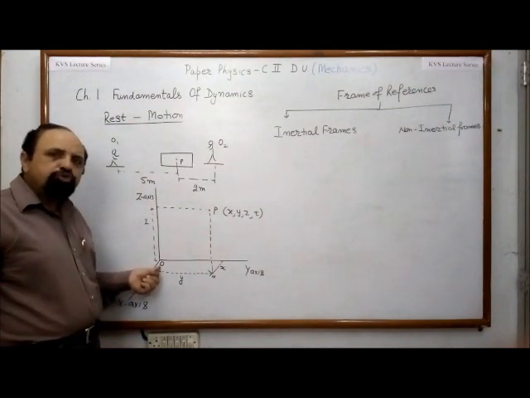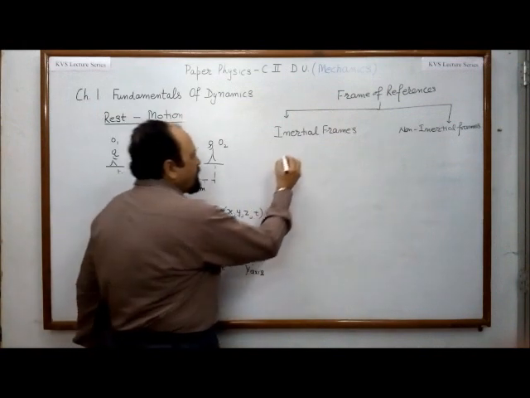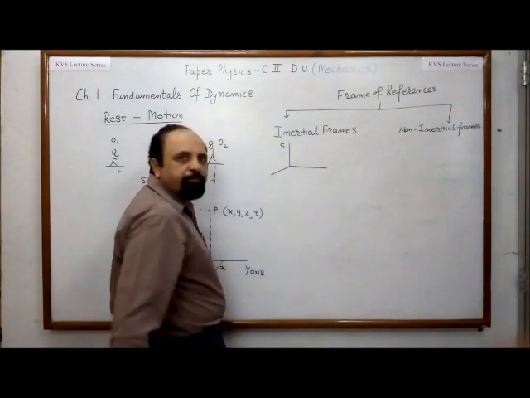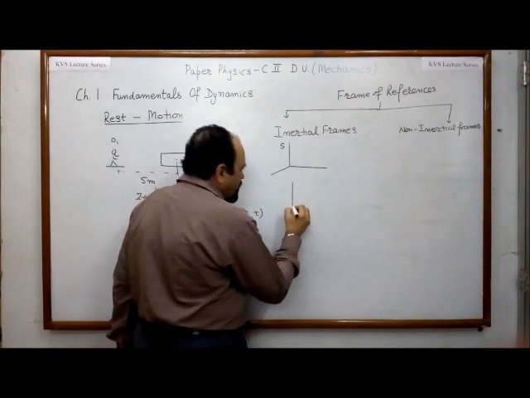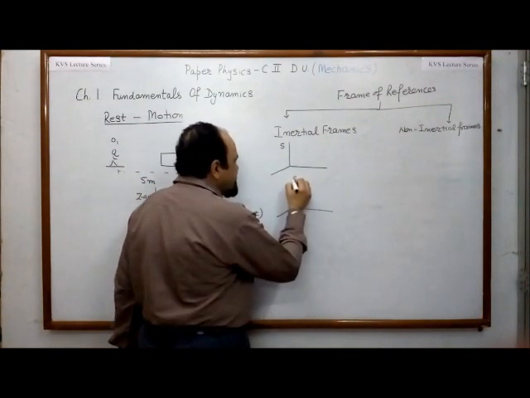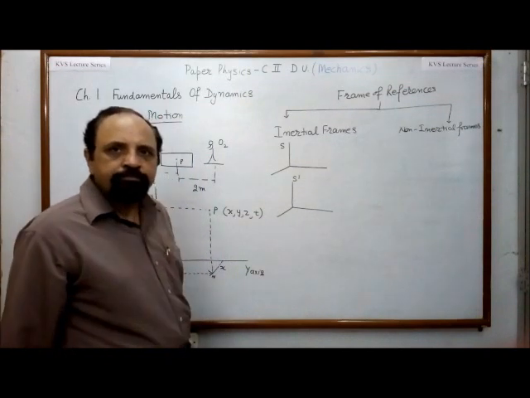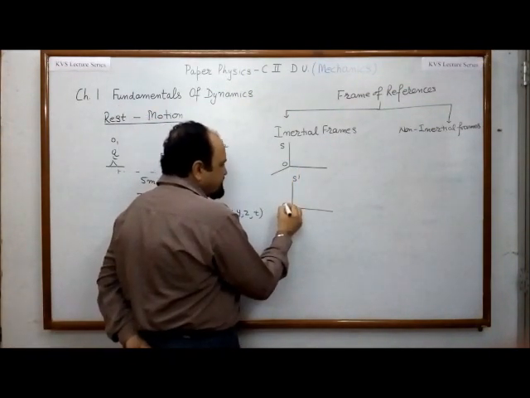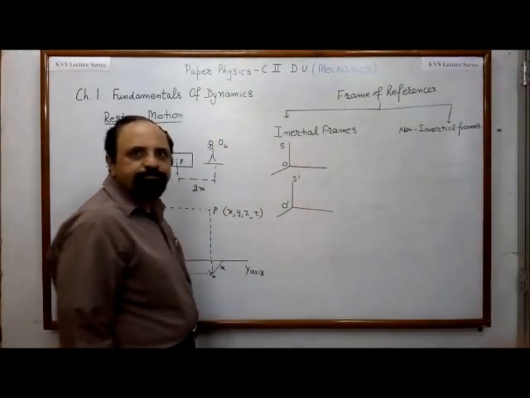Suppose I have two frames, one I call the S frame and the other I call the S dash frame. This has its origin O and this has its origin O dash.